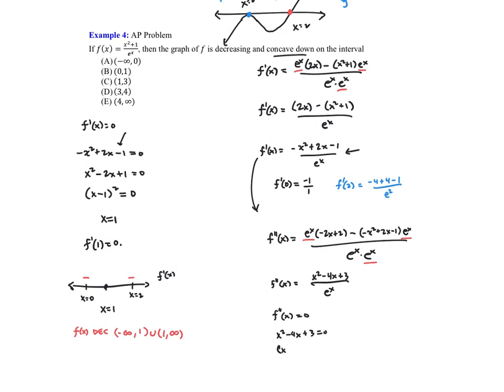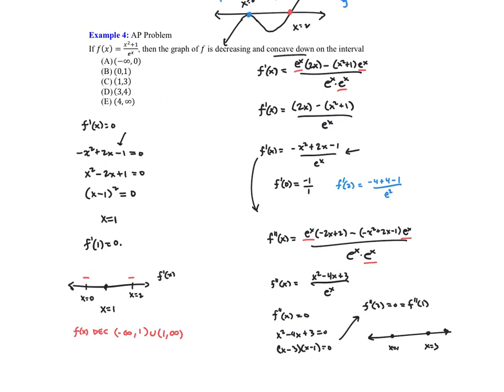And I can easily factor, showing me that f double prime at 3 and f double prime at 1 are equal to 0. Let's sketch f double prime. We're not going to sketch it, we're going to test values. Let's test values around x equals 1 and x equals 3.